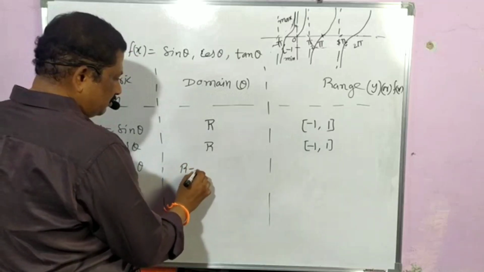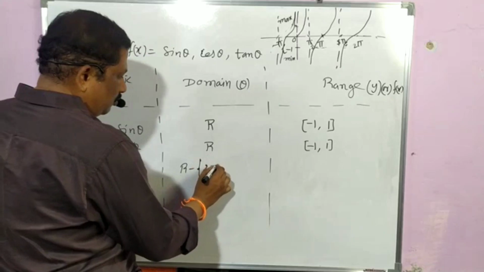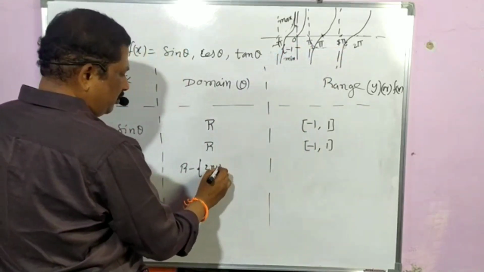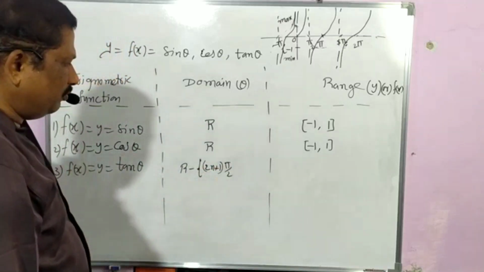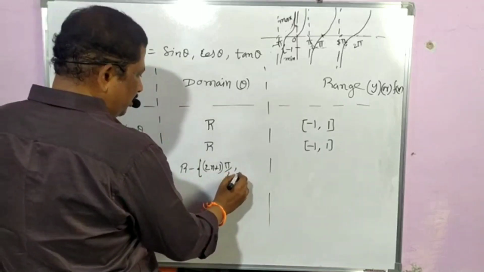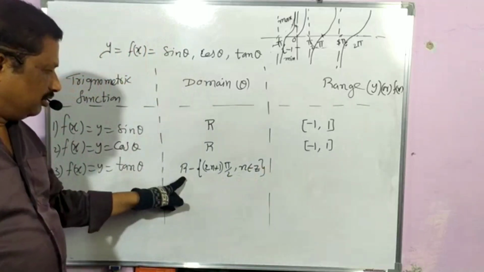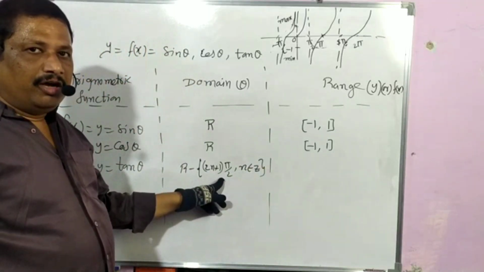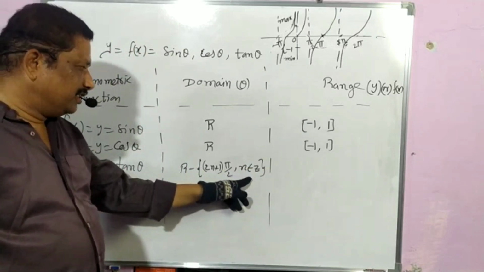So the domain is R minus the set of odd multiples of 90, that is (2n+1)π/2, where n belongs to the integers. We have to remove this one, whether the integer is positive or negative.